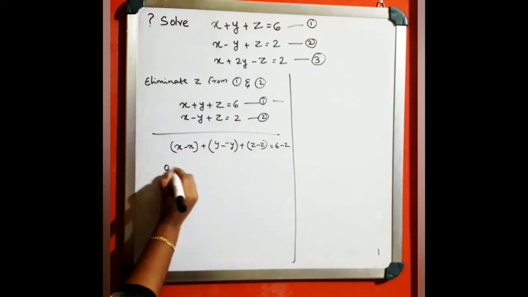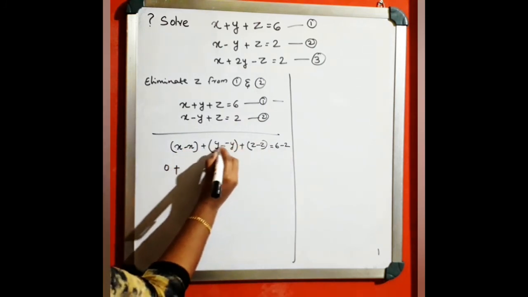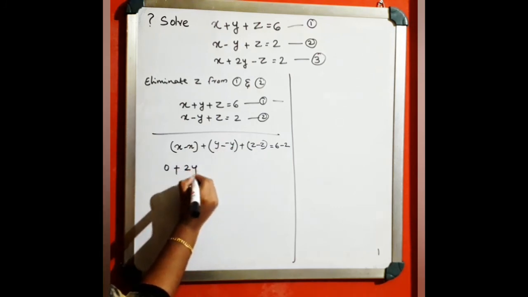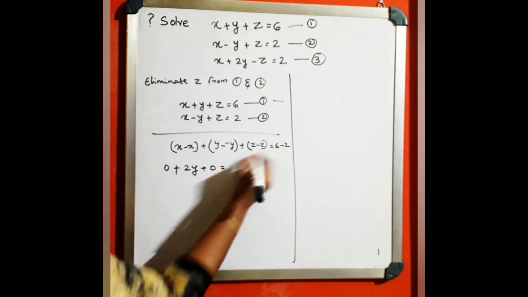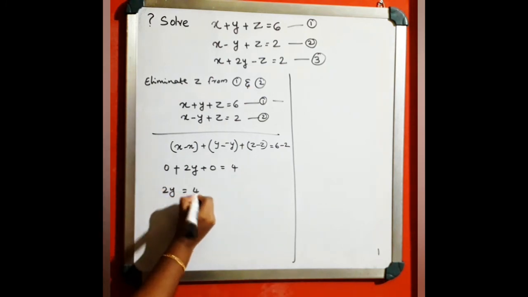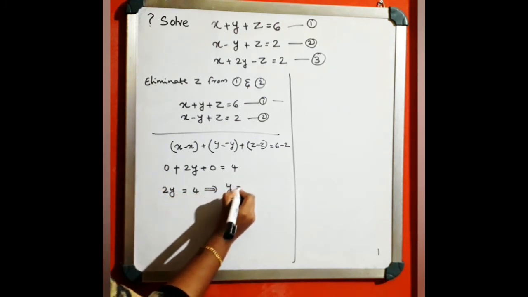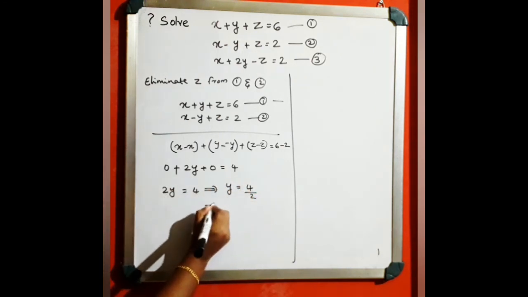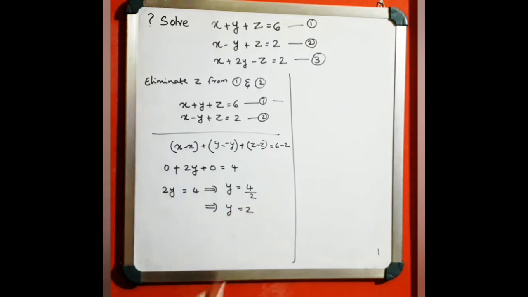X minus x is 0 plus y minus y is plus y plus 2y. 2y plus 0 is equal to 4. That is 2y is equal to 4 implies y is equal to 4 by 2, that is 2. Y is equal to 2.